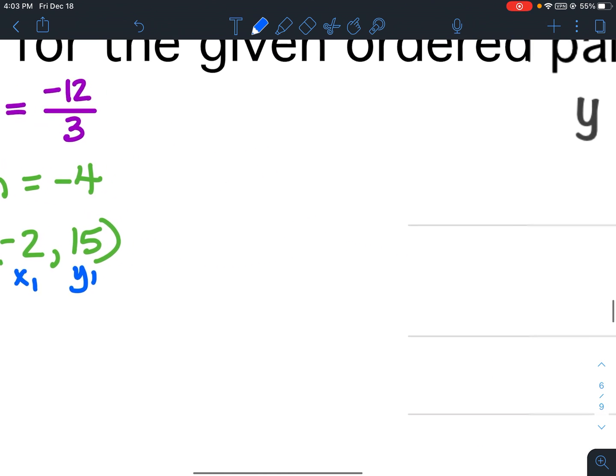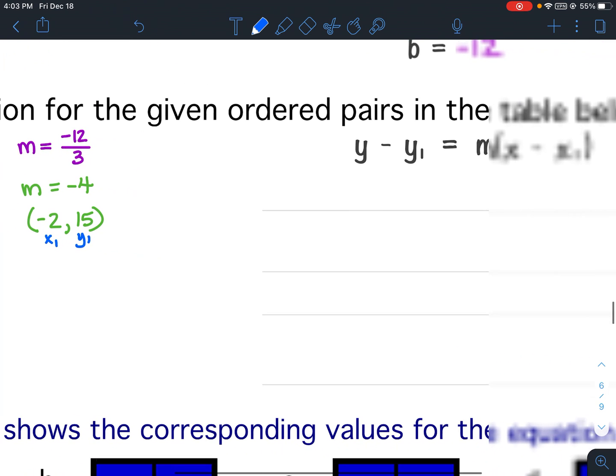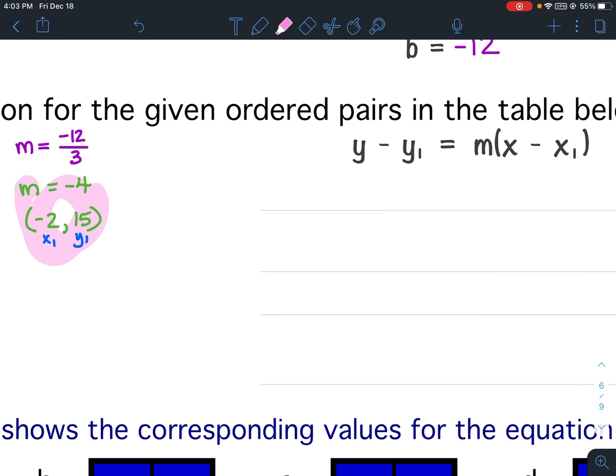All right, now I'm going to take all this information right here, and I'm going to put it in to that equation there. So it's going to be y minus y1, which is 15, equals the slope.